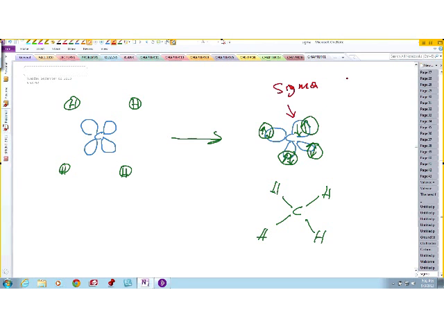So we are going to hear or say all of this terminology. What we are doing here is simply laying the foundation for your future understanding of organic chemistry. This is sigma bond. This is sigma bond. So how many sigma bonds do we have in this molecule called methane? 4. And this is also sigma bond.